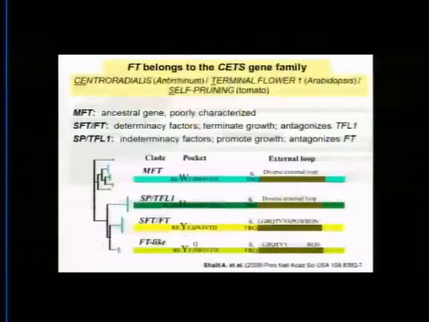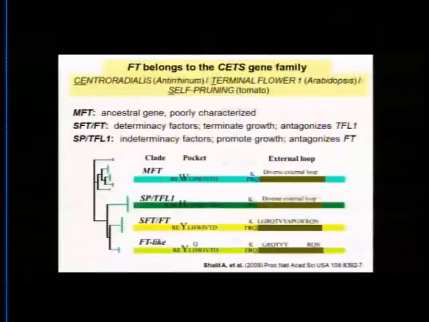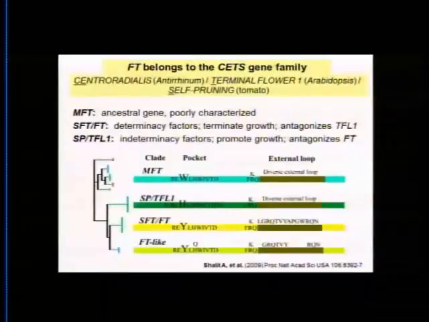Now what I want to do is shift gears a little bit and broaden the discussion on what these genes are doing. Okay, so I've talked about one gene, flowering locus T, encoding florigen, and how it can contribute to getting a plant to flower. Flowering locus T belongs to a larger gene family which we refer to as the SETS genes.